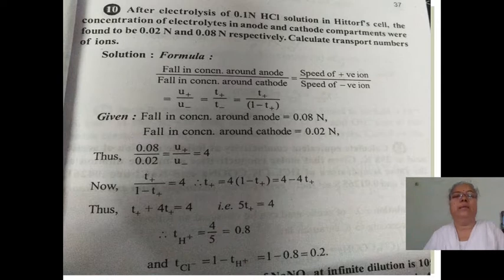This is the statement of Kohlrausch law. You have learned this. Then we have seen a few applications of Kohlrausch law.